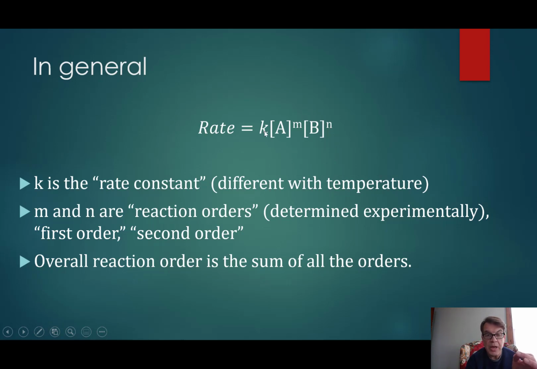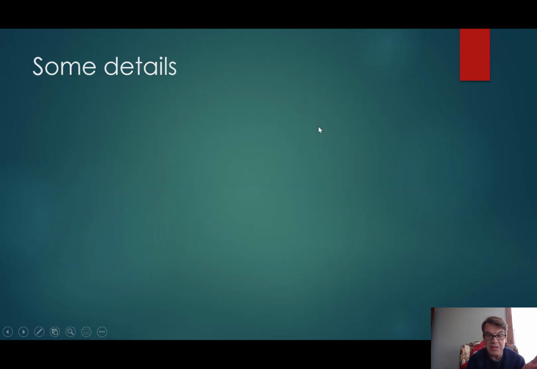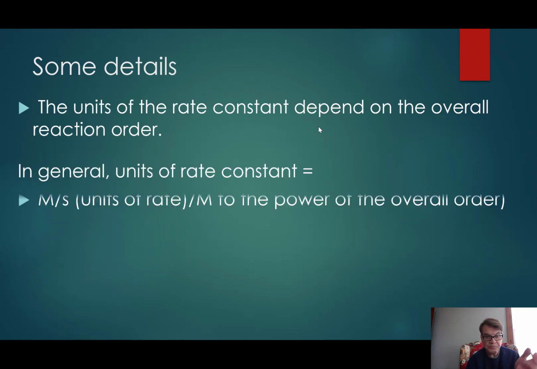And so what are the units of k going to be? It's going to be molarity per second divided by molarity to the total power. So that makes sense. What we've said here, that's where that came from. Basically, the units have to work out. You know the units of concentration, and you know the units of the rate. And so the k's got to be the units that make it all work in canceling things out.